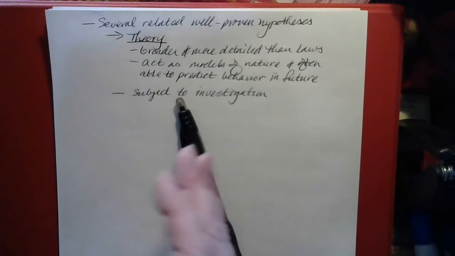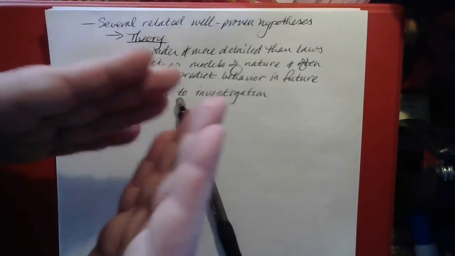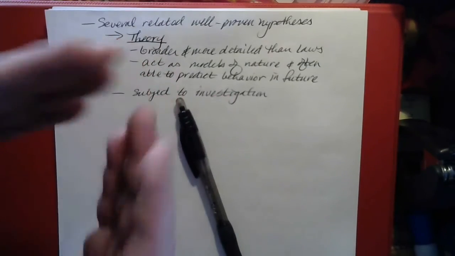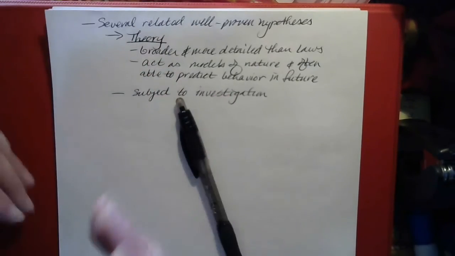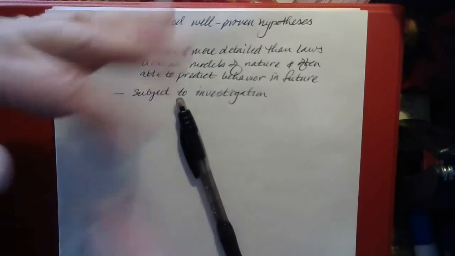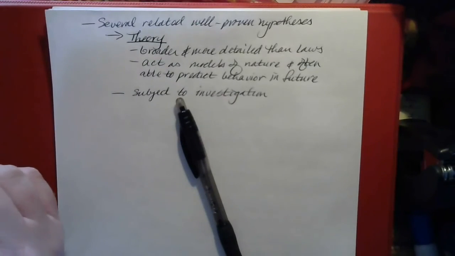What'll usually happen is an experiment will refute maybe part of a theory, and that part of the theory may have to be reformulated. And if it directly affects other parts of the theory, then they might have to be reformulated also.